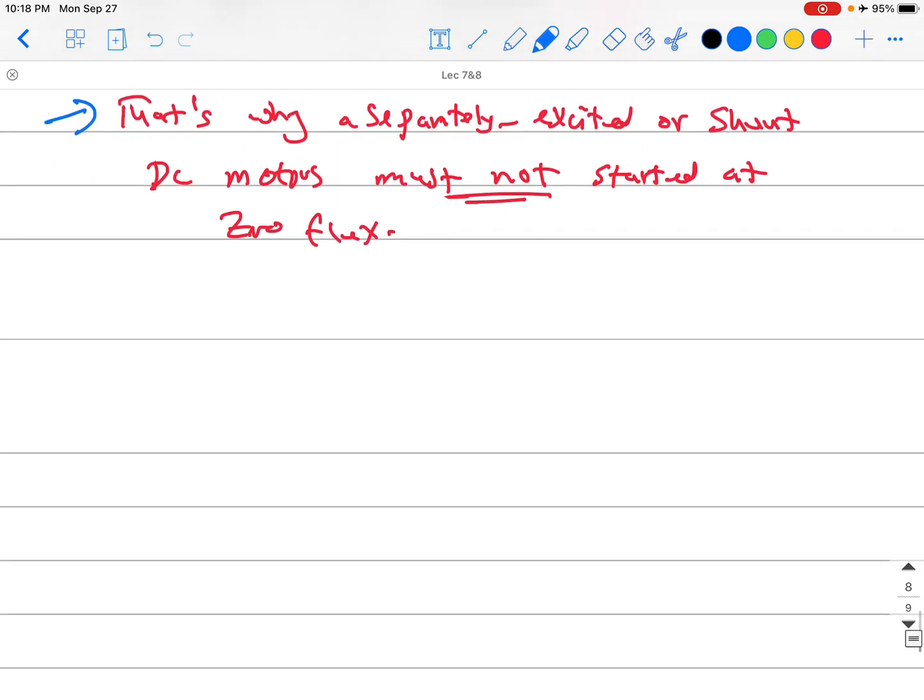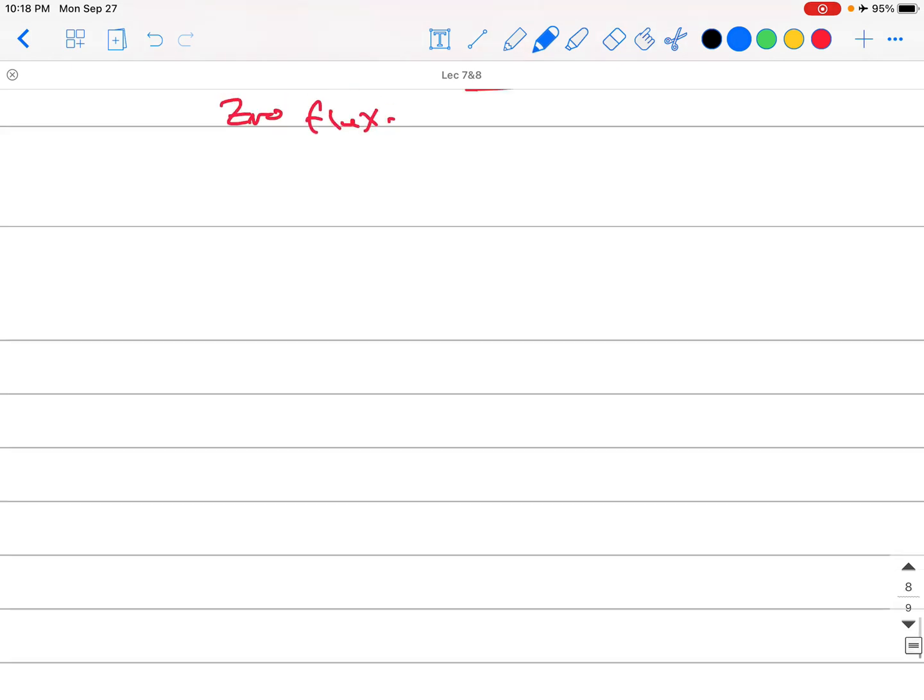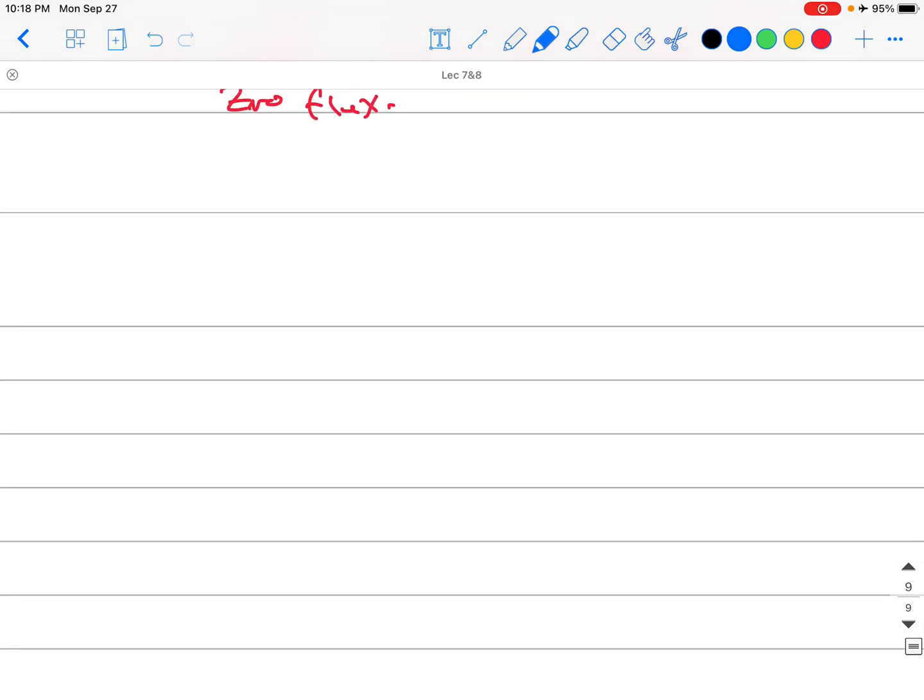Okay, guys? Another precaution, or another hint actually, we'll be talking about for still separately excited and shunt machines before jumping to the next connection, is for the shunt and separately excited winding.